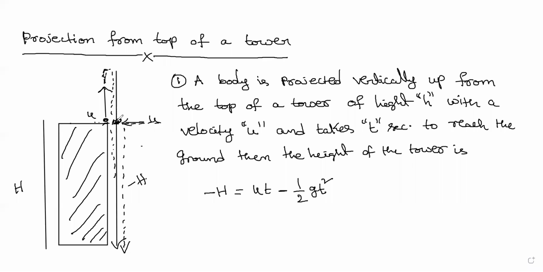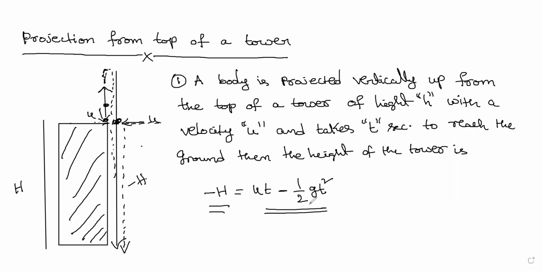Okay, right? So when it is projected up at this point, it is like minus g downwards. So this is how you get minus h is equal to ut minus half g t square.